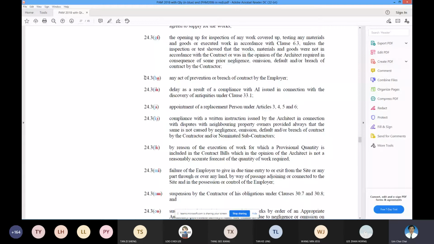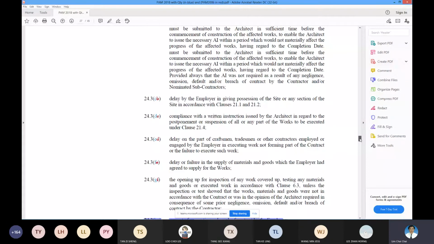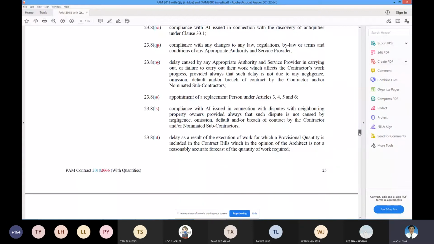Can you see? So you claim loss and expense under 24.3h. Clear? Okay. The EOT granted is 23.8n, and then the loss and expense entitlement is 24.3h.